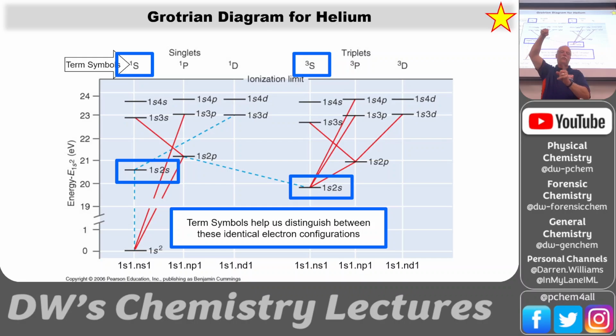Okay. And so that's the singlet. That's that little superscript that you have. And if that one unpairs, it drops in energy. You see the drop in energy. And now it's still a 1s, 2s, but the spins are unpaired. And so it's a triplet state. It's the number of unpaired electrons plus 1. That's all you're doing for the multiplicity.